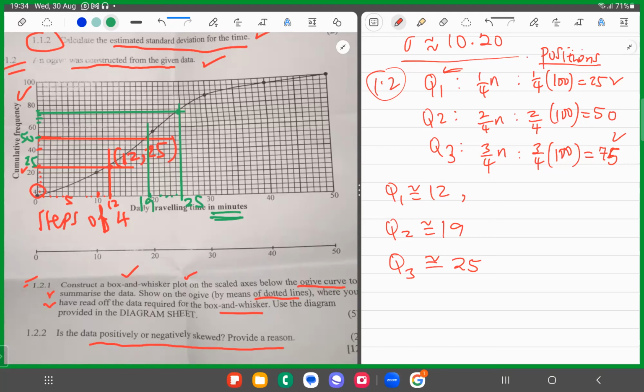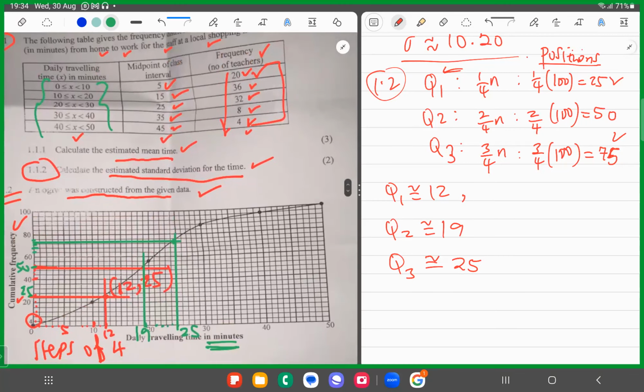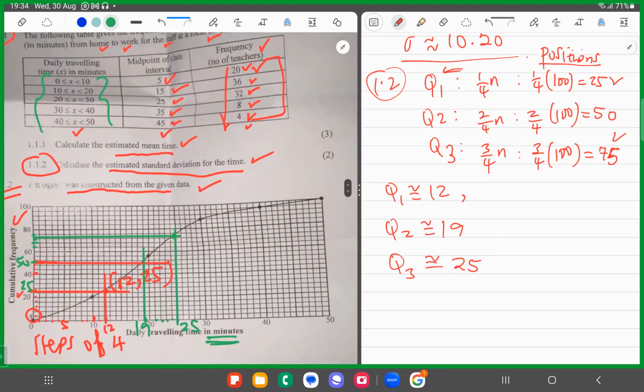Let's just get moving here. We continue with our work.